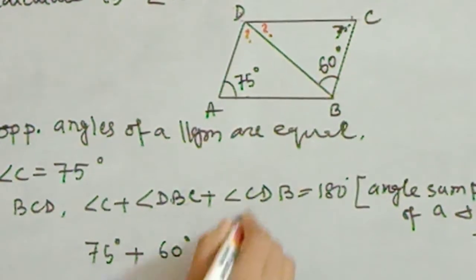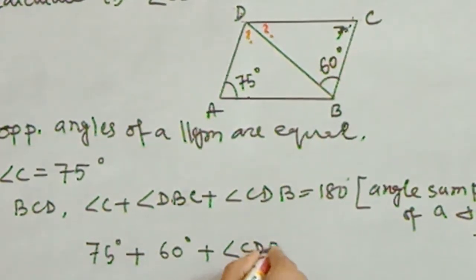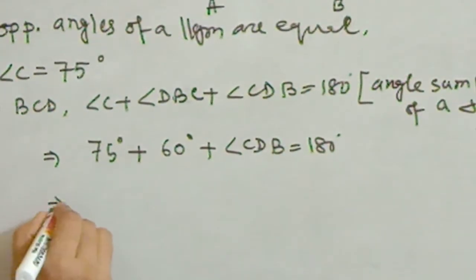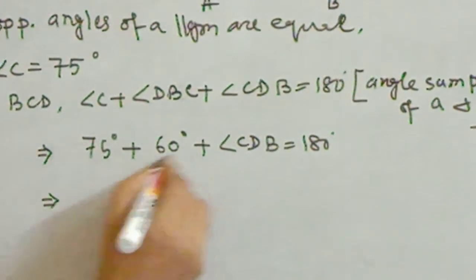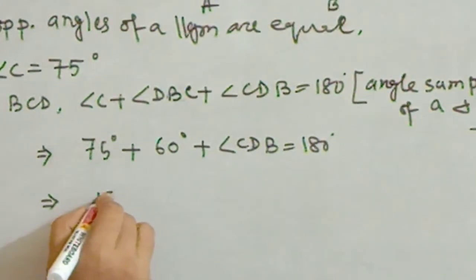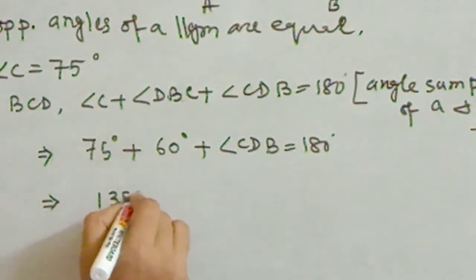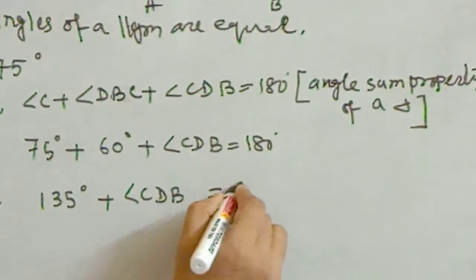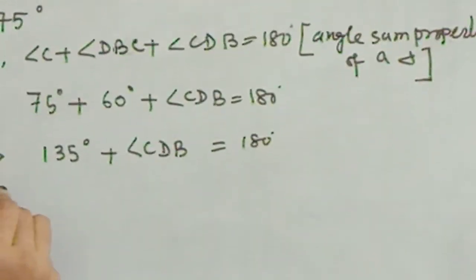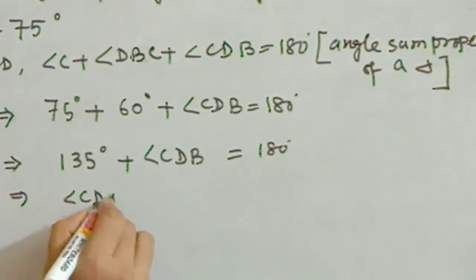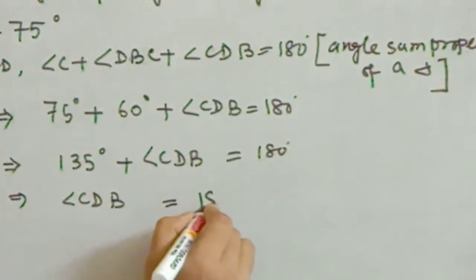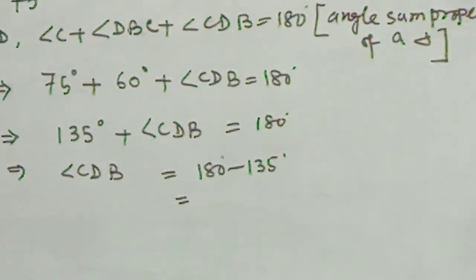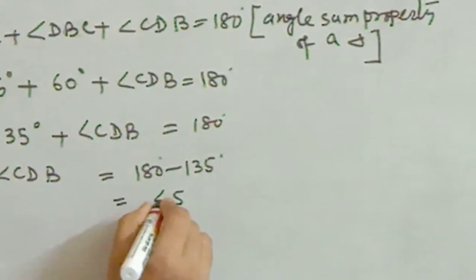Only this angle you don't know, CDB. 135 degrees plus CDB is equal to 180 degrees, or you can say that CDB is equal to 180 degrees minus 135 degrees. Subtract this, you will get 45 degrees.